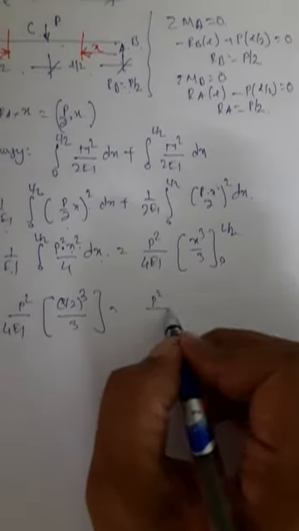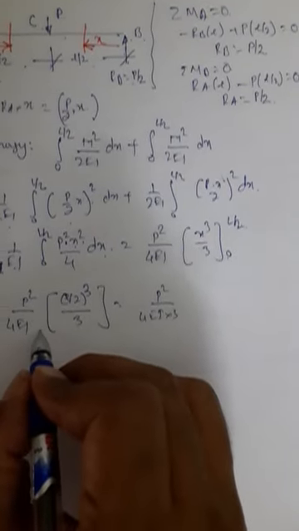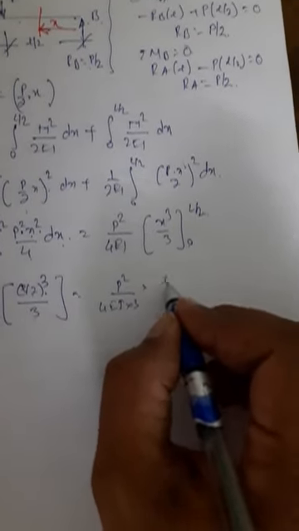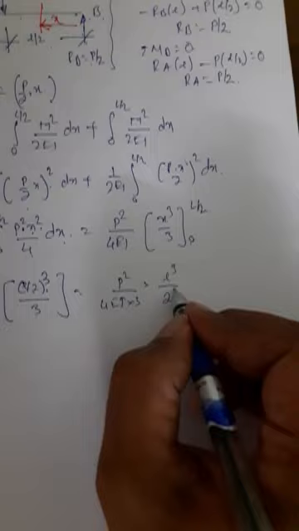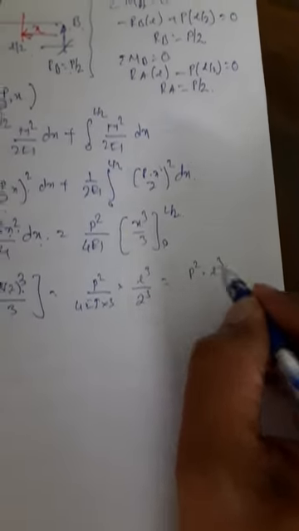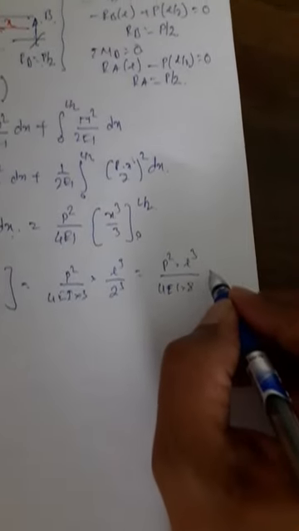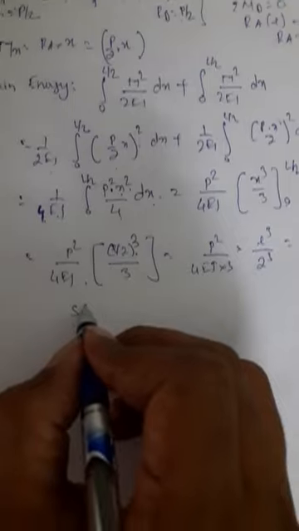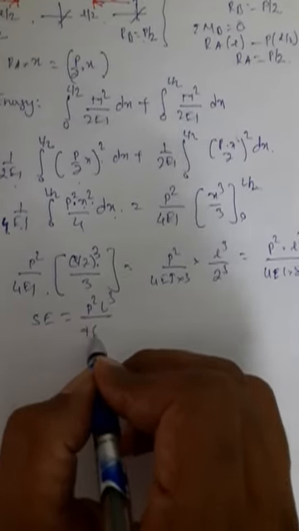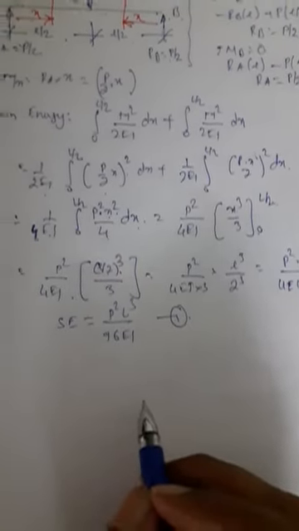So P square by 4 EI into 3, I am going to take this outside the bracket. Now L by 2 bracket cube gives me L cube by 2 cube. 2 cube is nothing but 8. P square L cube by 4 EI into 8. So strain energy, I get the equation P square L cube by 96 EI. Let this be equation 1.